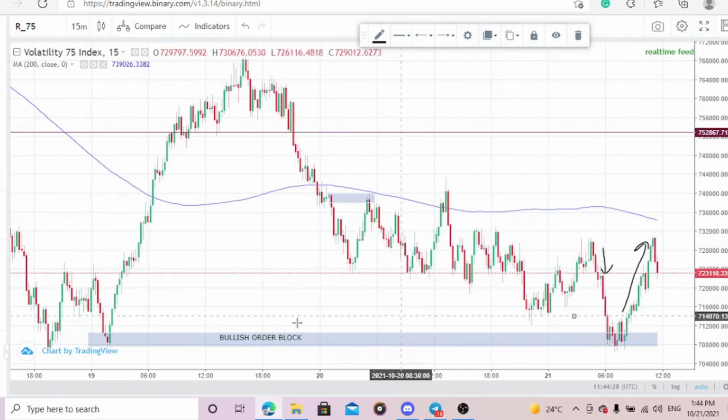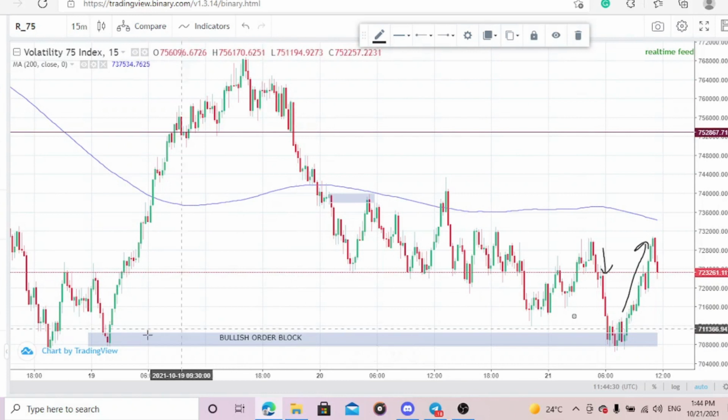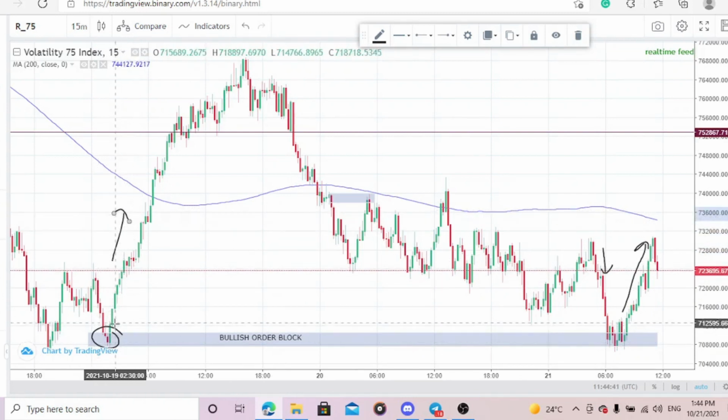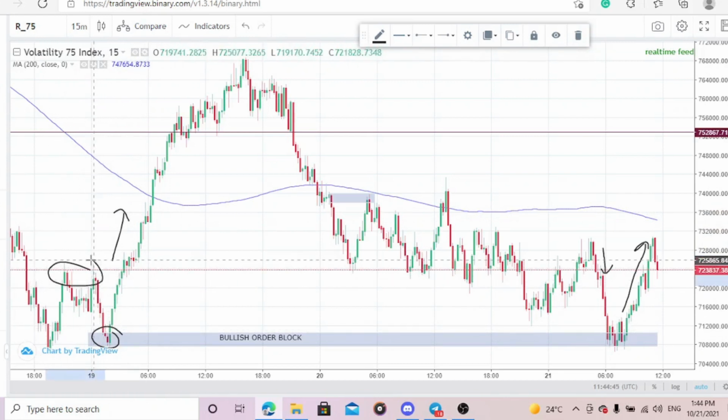I saw that it was going to come to this order block right here, because when the market was going up here, the market created this order block. The market broke this high, creating this order block.